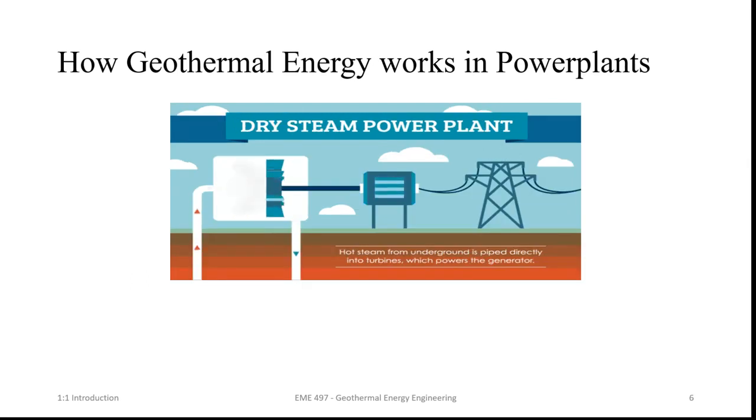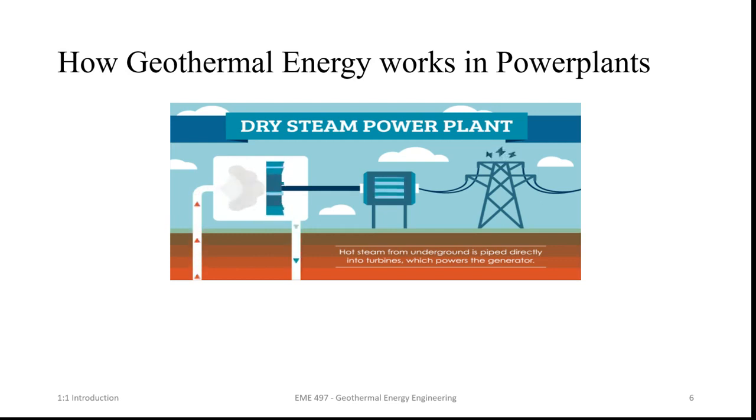The first one is going to be the dry steam power plant. The dry steam power plant works by utilizing the steam from the water from underground without pumping the water up. And that steam is used to move the turbine. Again, it uses a steam Rankine cycle basically.